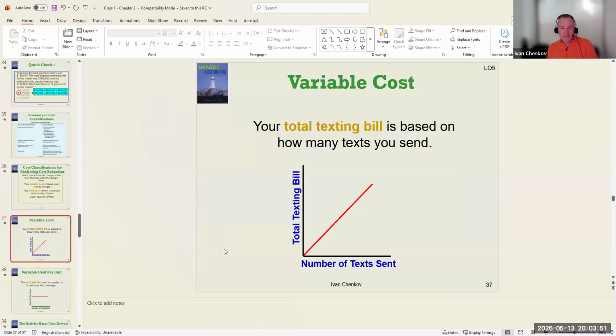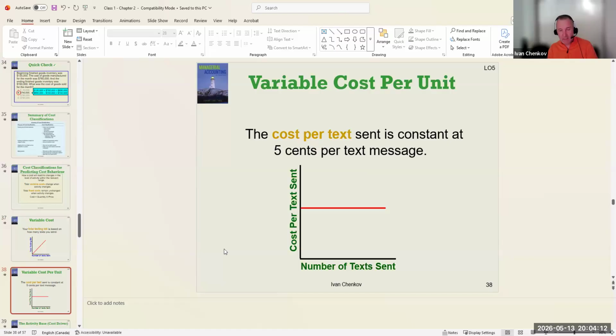Variable cost. Let's forget about texting. Let's go to potato. Let's buy some potatoes. If I go to the store, let's say Superstore, and I want to buy potatoes by pounds, I'm going to see that the potato costs $1 per pound.